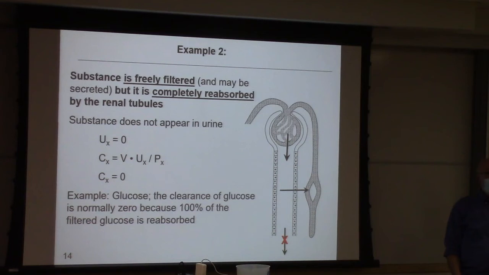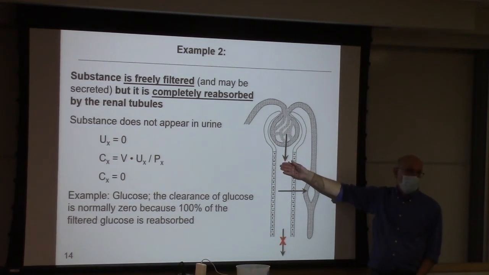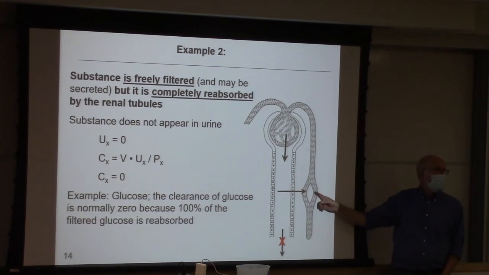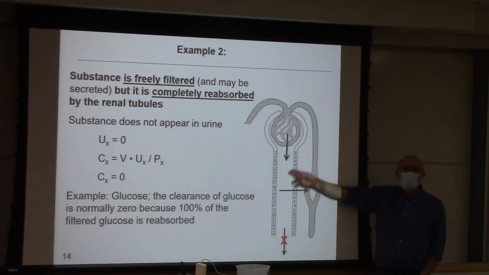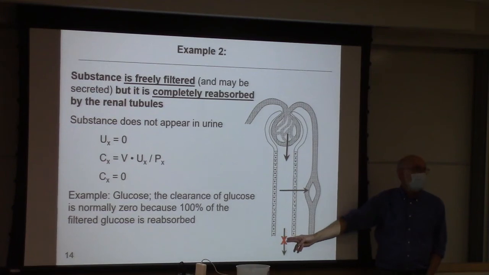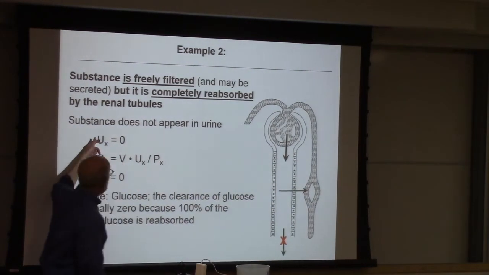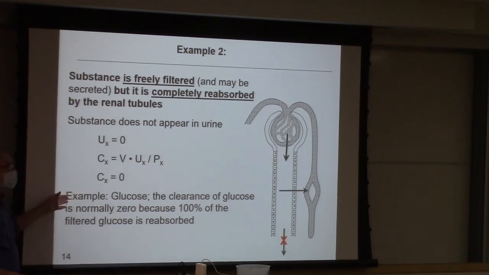Let's take another example. Something that is freely filtered, but is completely reabsorbed, so that none of it ends up in the urine. All of the filtered material is reabsorbed, none of it ends up in the urine. So the urine concentration is 0, the clearance is 0, but this is a very different mechanism. This is an example of glucose.